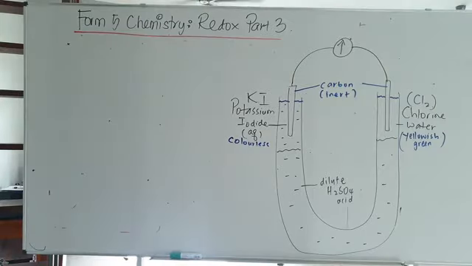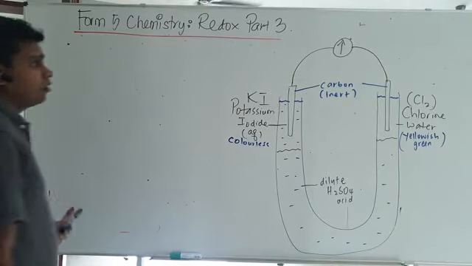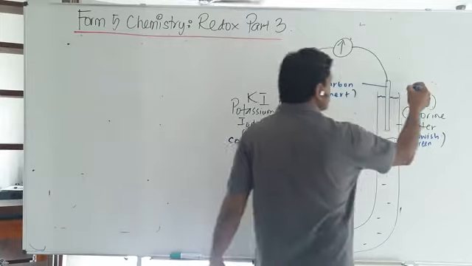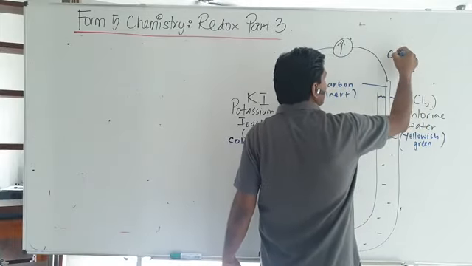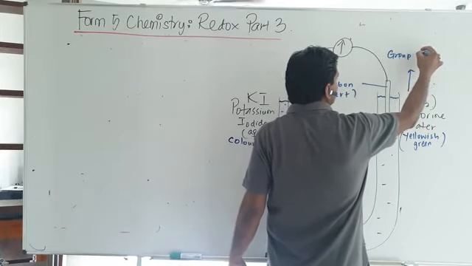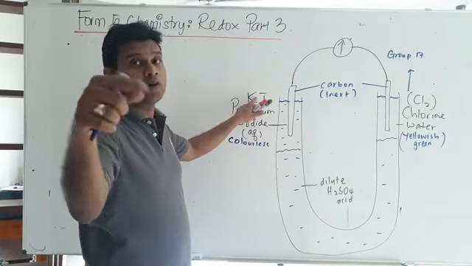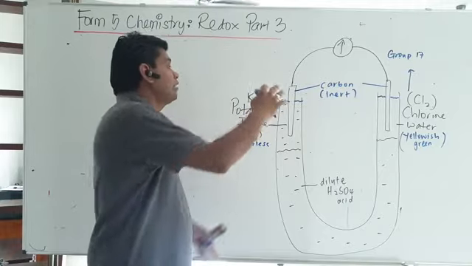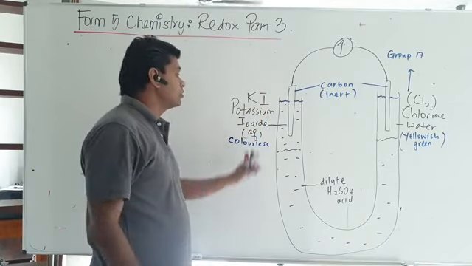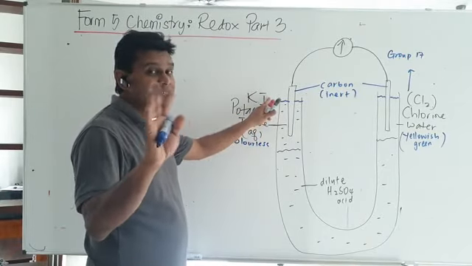We have two stuffs here. Now, as I already told you, the first thing you must know is this one is group 17. Iodine is also group 17, but this is not iodine, this is iodide, which means it already became an ion and is stable already. So iodide doesn't need electron.